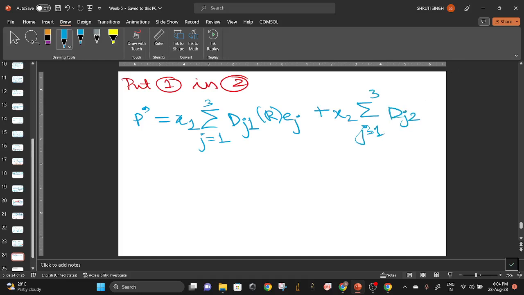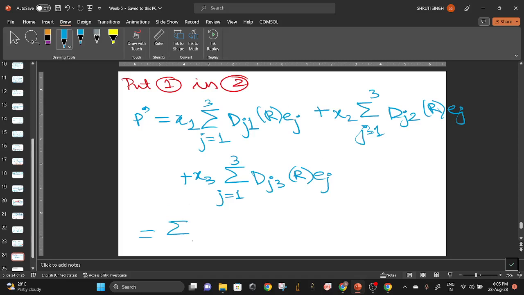Just this coefficient will change. And then they have changed these indices. So they have written it like this: i equal to 1 2 3.